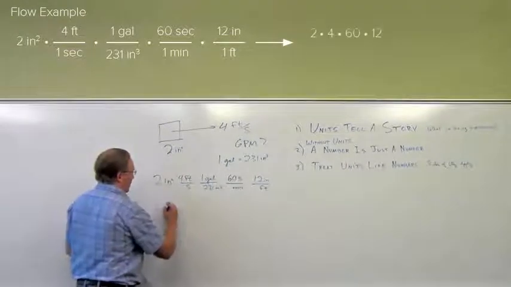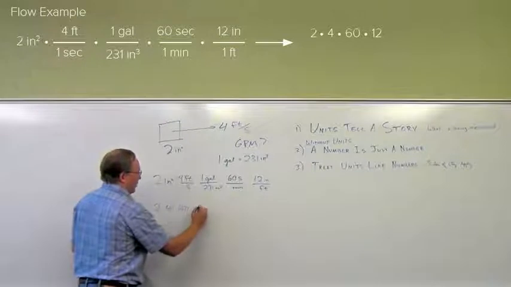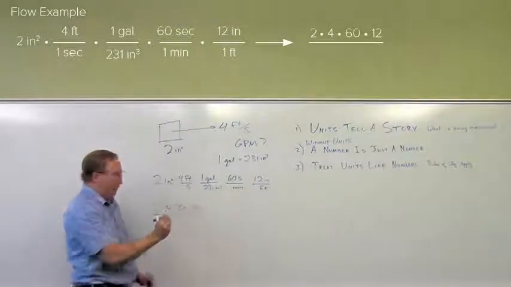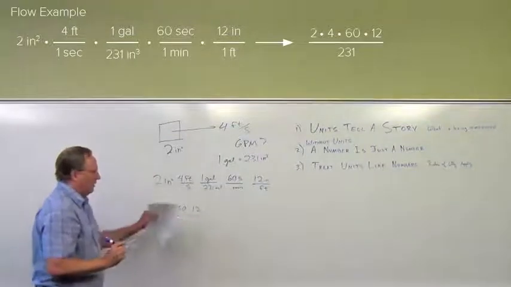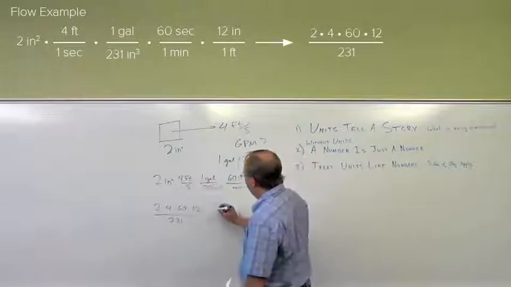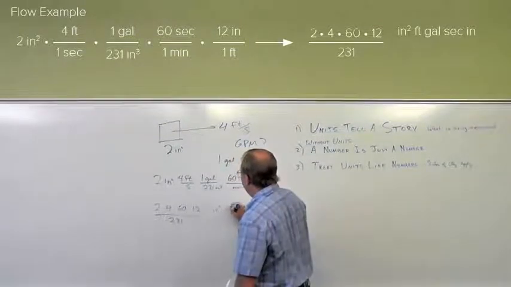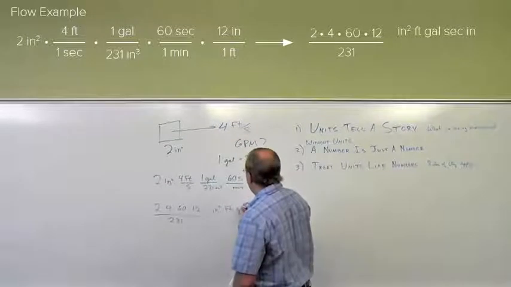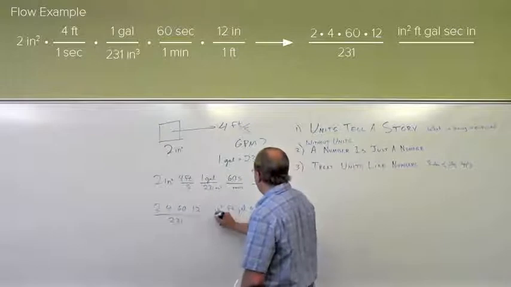I got 2 times 4 times 60 times 12, all divided by 231. And that part is the easy part. Now let's look at what happens with the units. I've got inches squared, feet, gallons, seconds, and inches in the numerator.